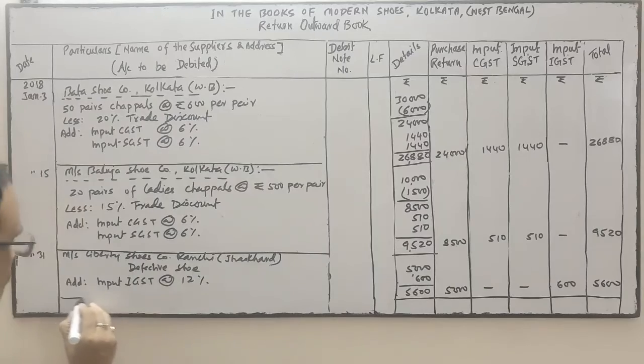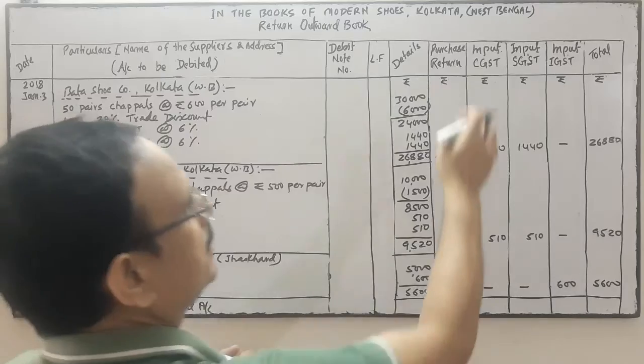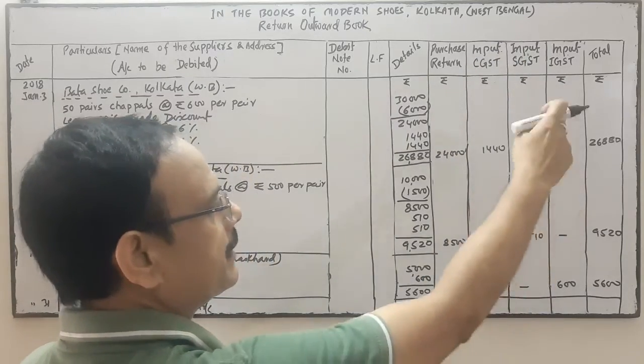Thereafter we do the total at the end of the month, 31st January. We do the total of the purchase return column, input CGST, input SGST, input IGST, and the total.